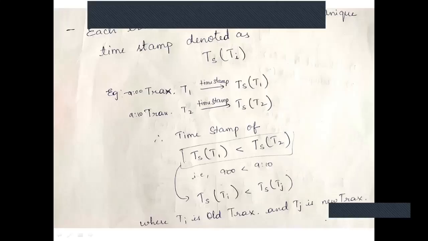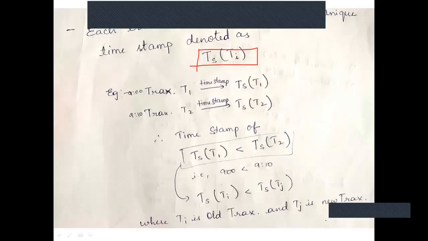Then how is a timestamp assigned to a transaction, or how is it denoted? It is denoted as TS of Ti, where TS is the timestamp and Ti is the transaction.